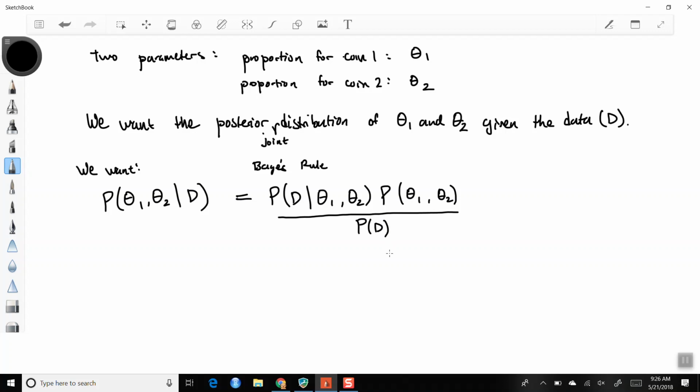Technically the probability of data would be the integral of the numerator across all possible values of theta 1 and theta 2.